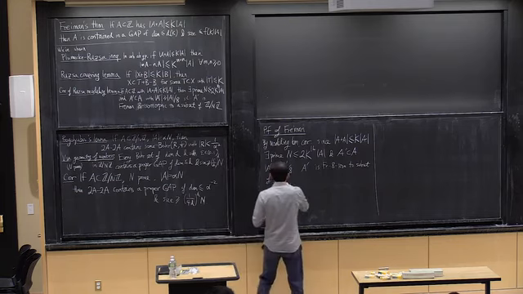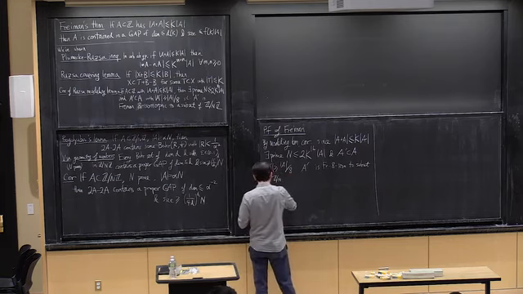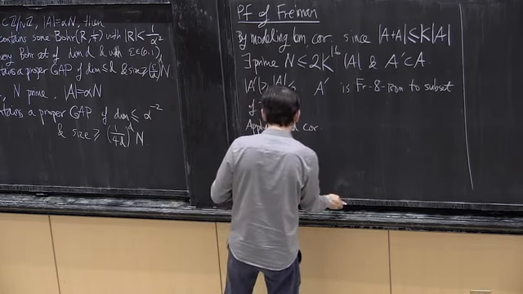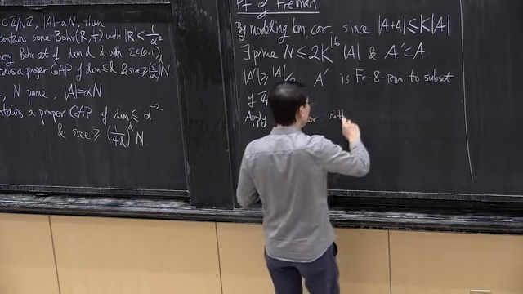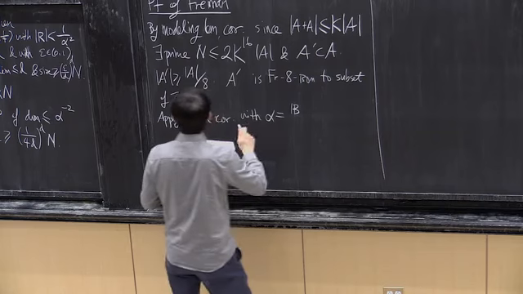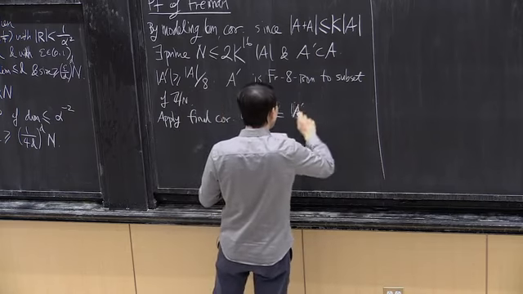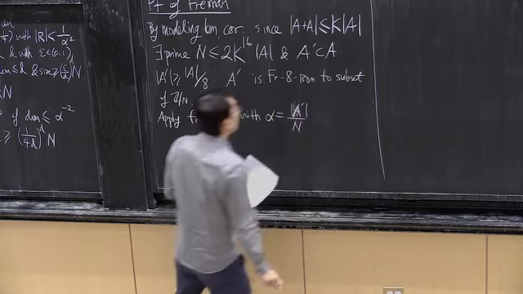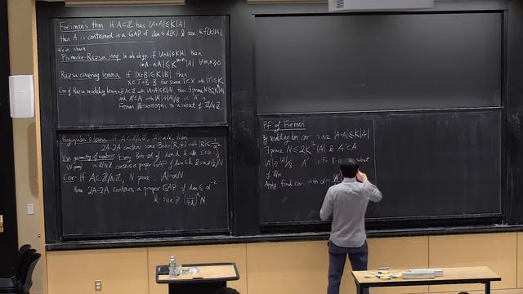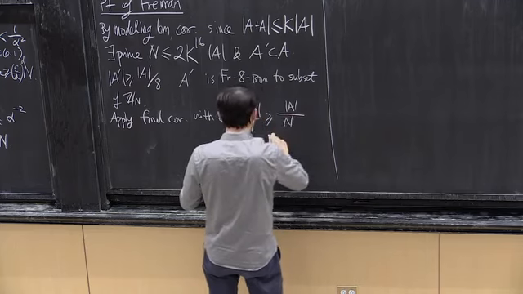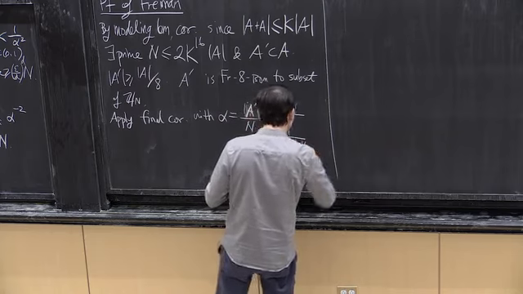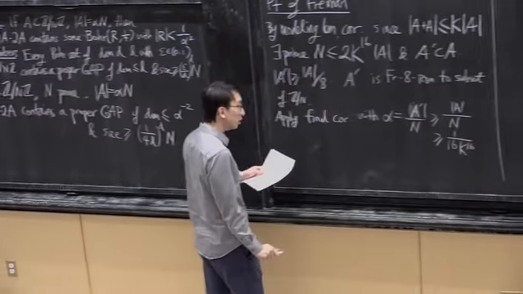Okay. Now, applying the final corollary with alpha being the size of this A' over n, which is at least the size of A over n, which is at least 1 over 16 times k to the power 16, so all constants.